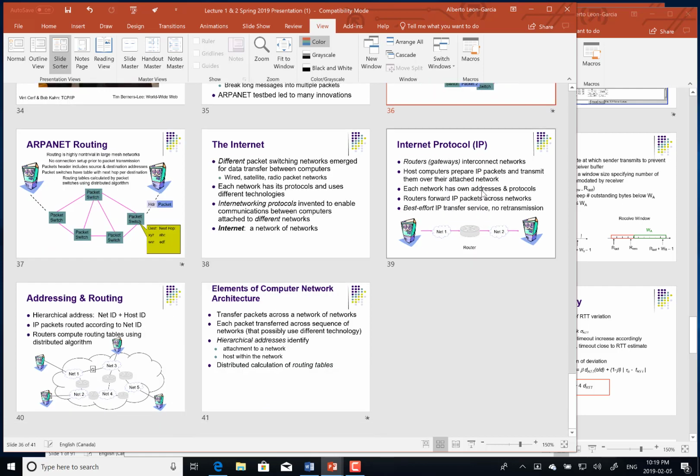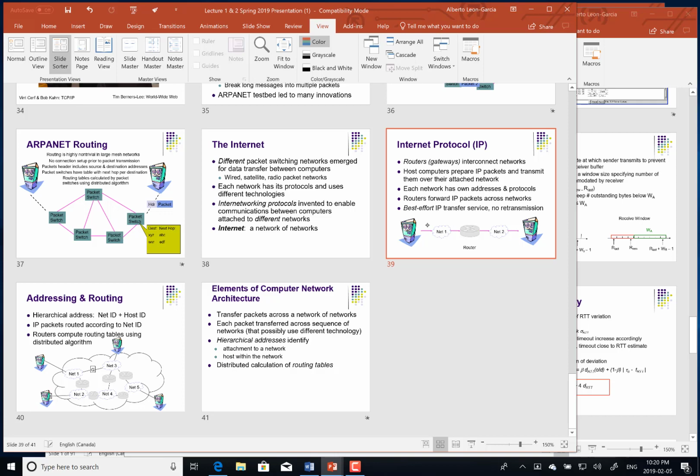Things got a little bit more interesting with internet, where there was an interest in connecting computers that, for example, were connected to different networks. This network is different than that network. And so the internet was created, which introduced a router as a means to interconnect networks of different type.